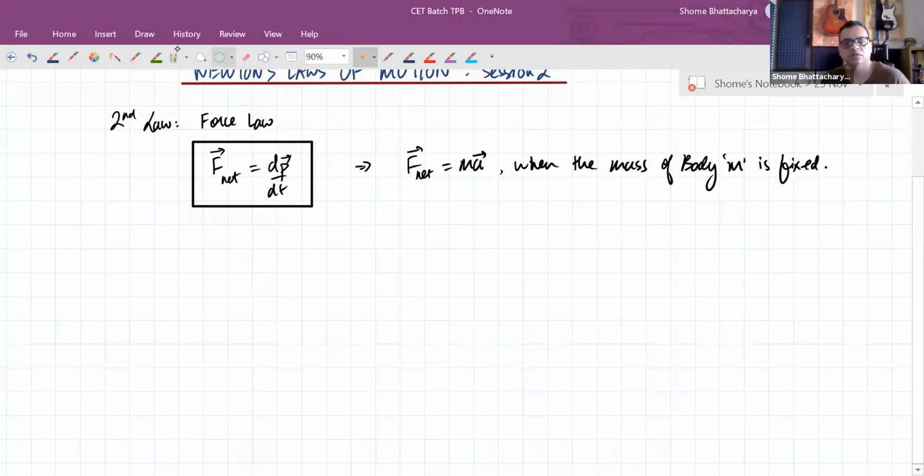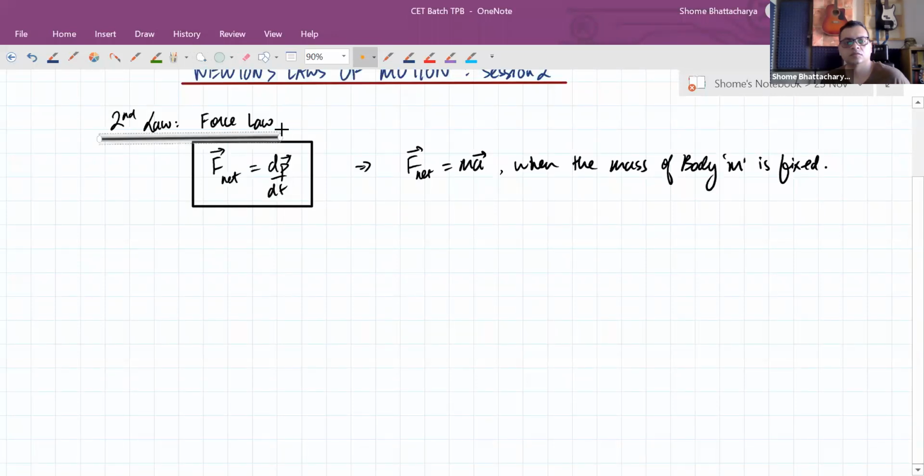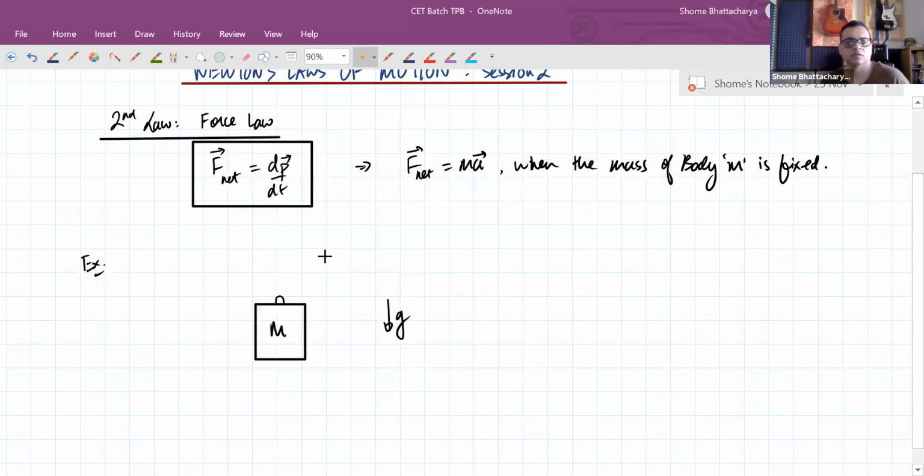So let's look at an example. If we have a block like this, which is under the action of gravity, but such that we are applying two forces on it, like this, F1 and F2.